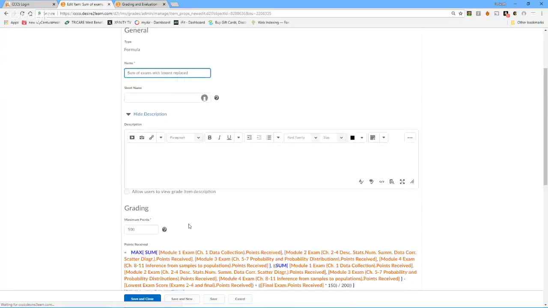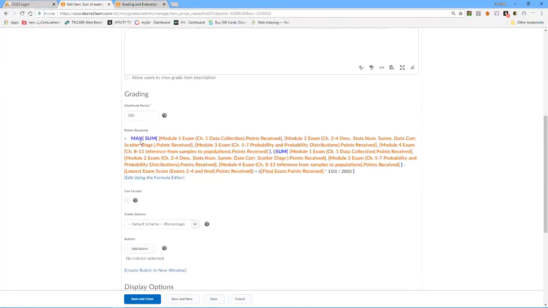For that formula, I took the maximum of the sum of all the exams just as they were, exams 1 through 4, and compared that to exams 1 through 4 with the lowest exam score that I calculated subtracted off and the final exam score added on. So this formula will give me the sum of exams 1 through 4, whichever is higher, with the final exam replacement or without.